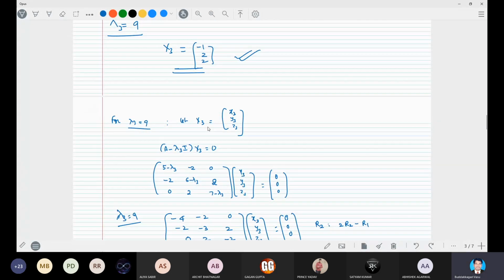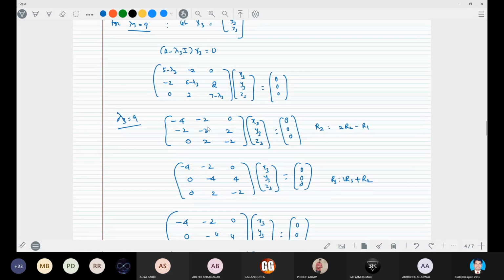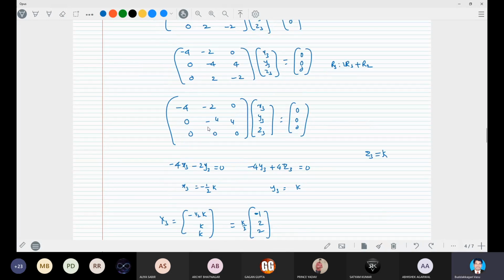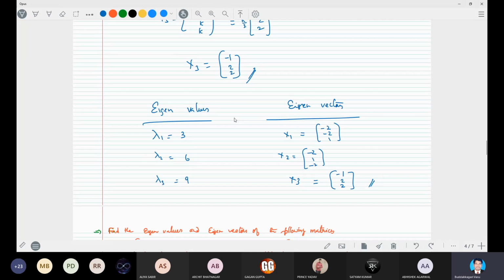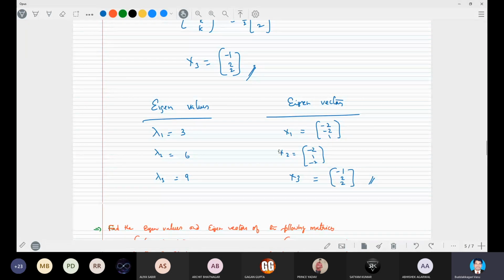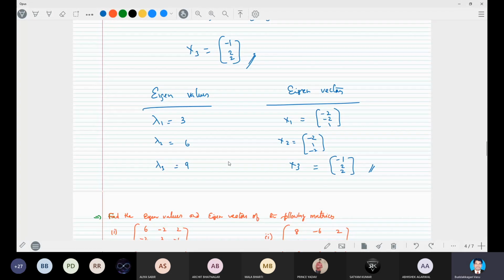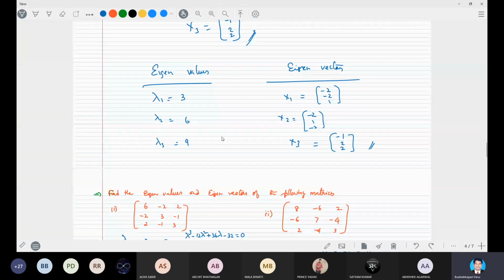Any doubt in this? This is where we have clearly calculated. So we can summarize that the eigenvalues for the given matrix A are 3, 6, 9, and the corresponding eigenvectors are x1, x2, x3. Right? I hope you have understood this one.